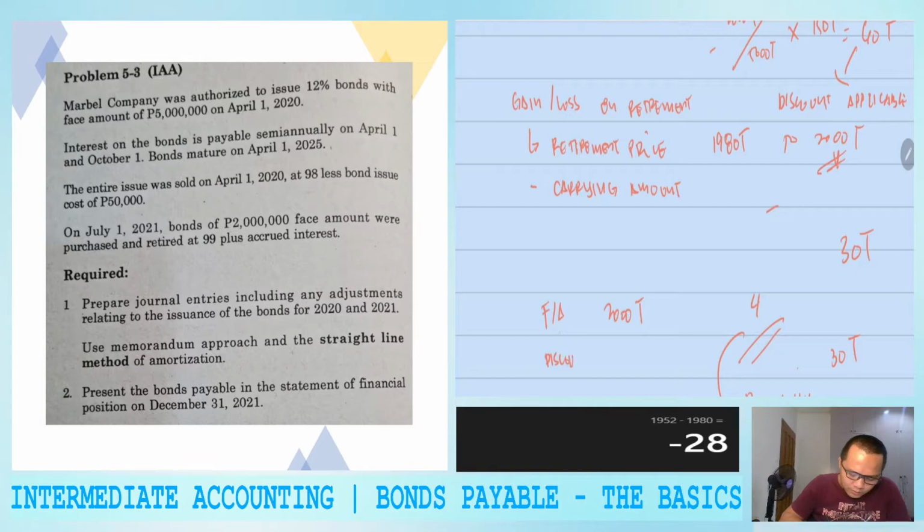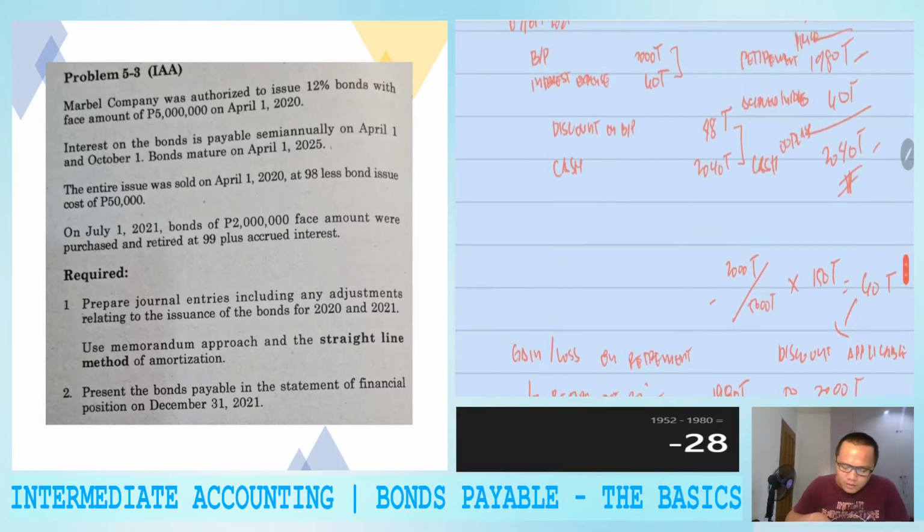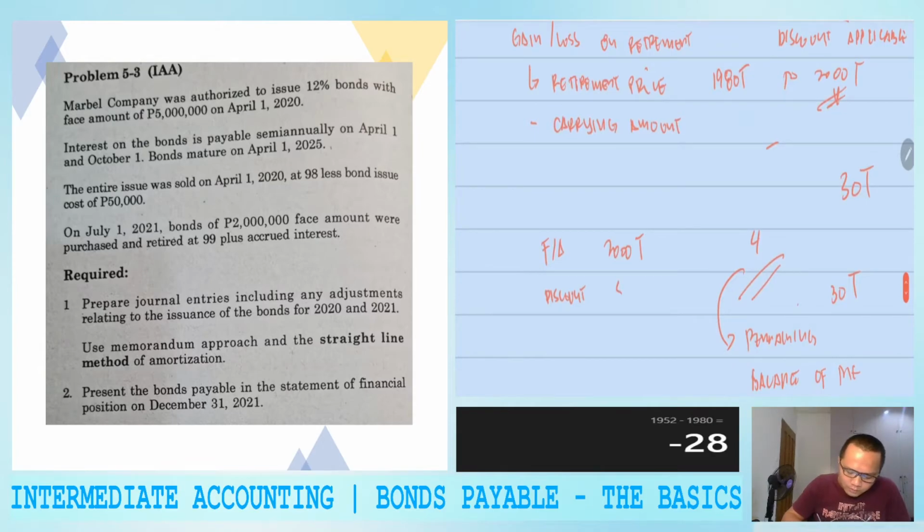Less the discount na applicable, which in this case, that was 48,000, diba? Or kung premium siya, add the premium, diba? But in this case, because this is discount, we will deduct. So the carrying amount, we have 2 million minus 48,000. So that is 1,952,000.